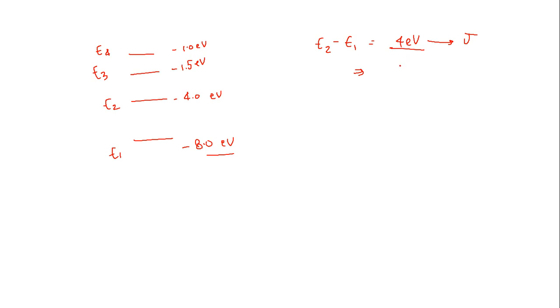Because maybe it is an easier way to calculate. 1 electron volt is equal to 1.6 into 10 to the power minus 19 joules. And therefore 4 into 1.6 into 10 to the power minus 19 will do. And I think this answer will be 6.4 into 10 to the power minus 19. Is it right?